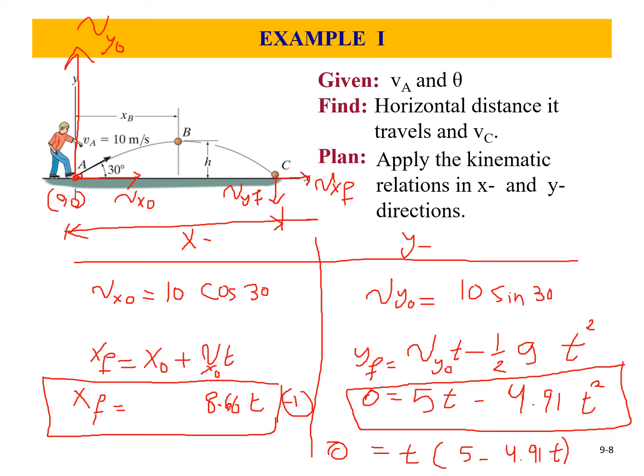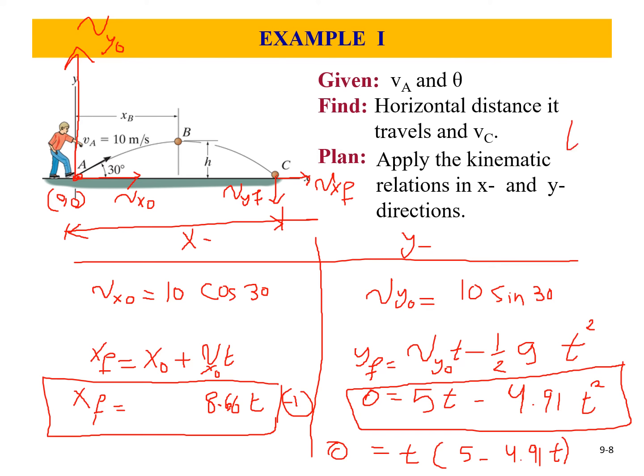Correct? Make sense? So it's either t equals 0, which is impossible, or t equals, solve for t from the second one, which is 5 divided by 4.91. It's either this is 0 or all this is 0. That's fine. So move to the other side. 5 divided by 4.91. How much is that?